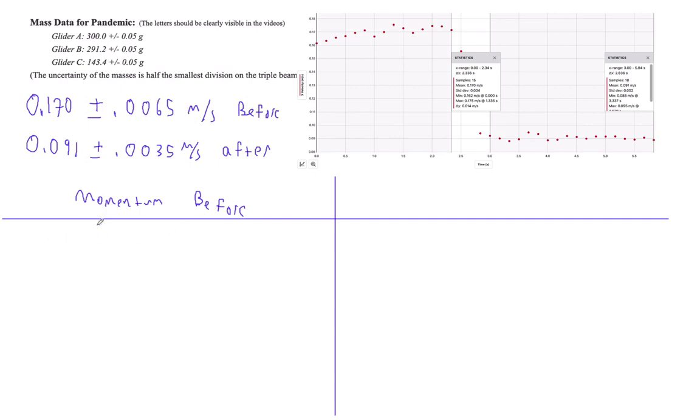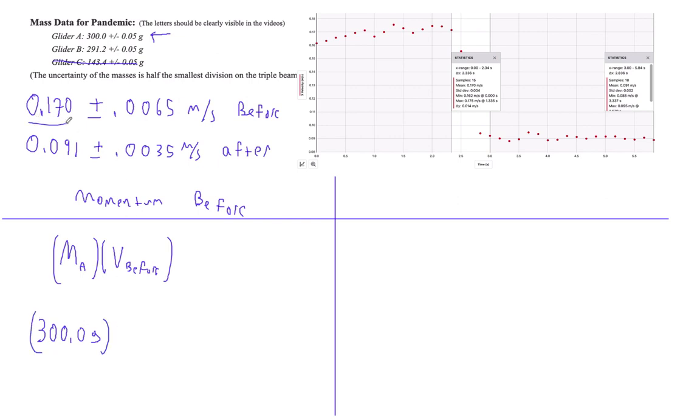So momentum before is going to be the mass of glider A times the velocity before, right? Because only glider A was moving before the collision, right? So glider A is here. We didn't use glider C at all. So it's going to be 300.0 grams.